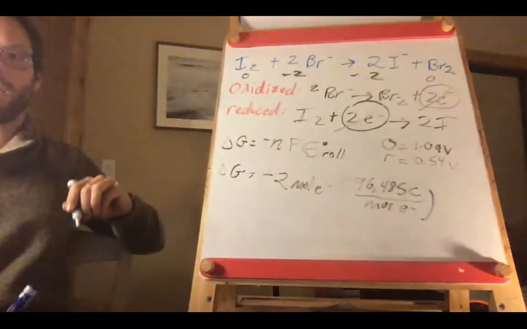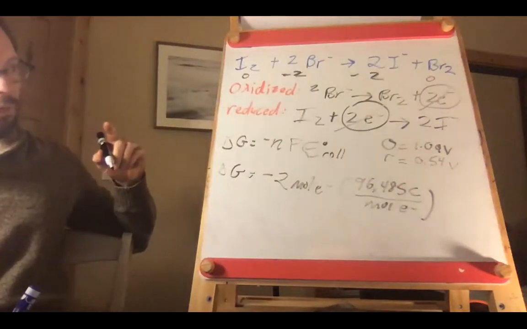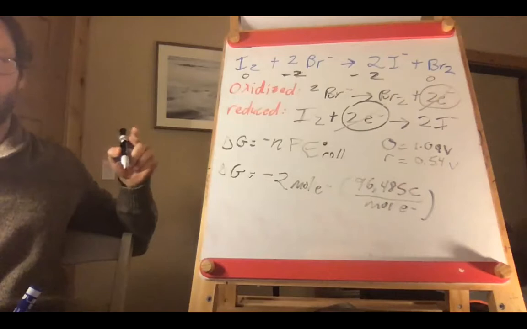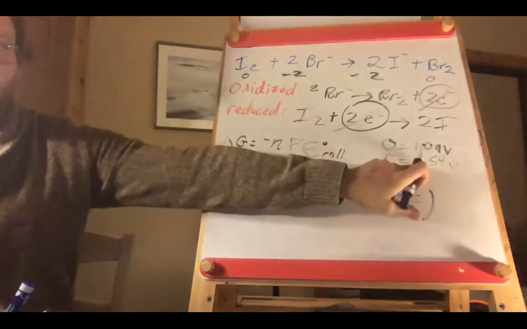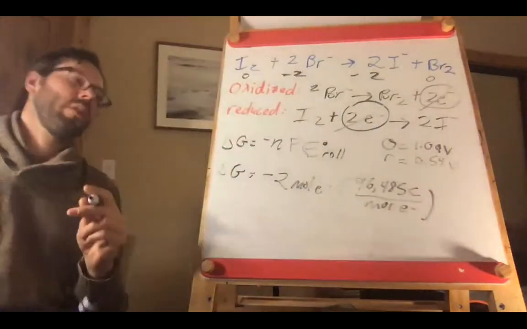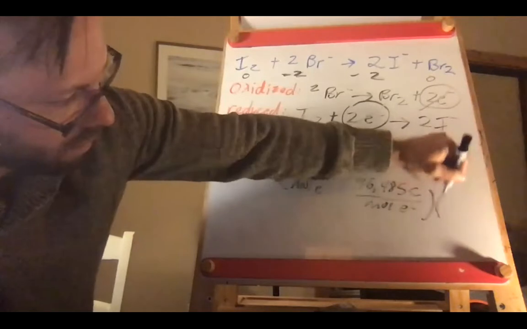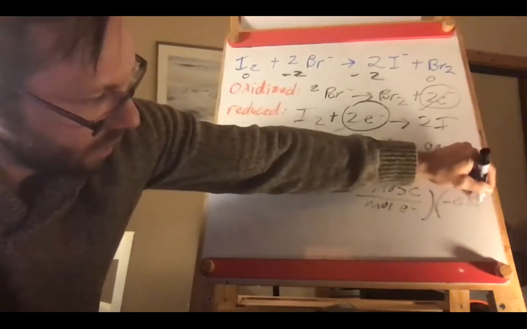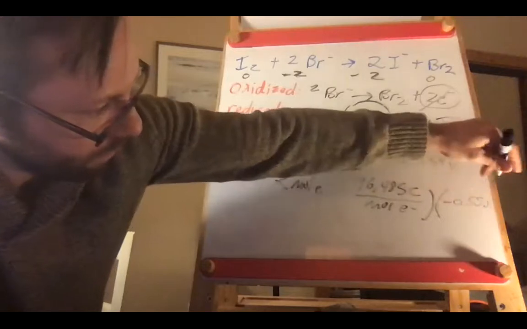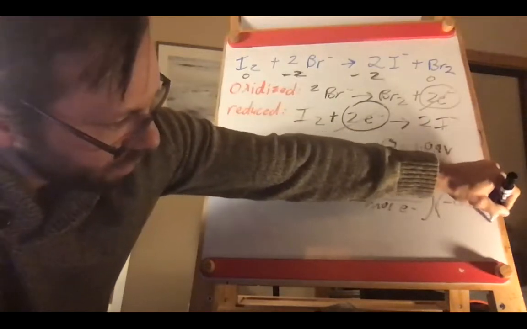And then we multiply that by the E cell, or the difference of these two, which is -0.55 joules per coulomb.